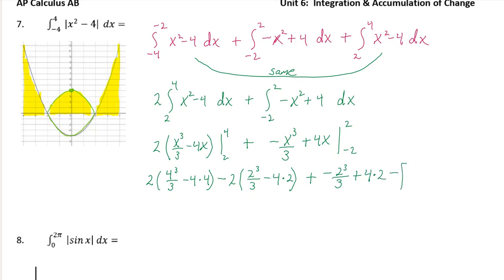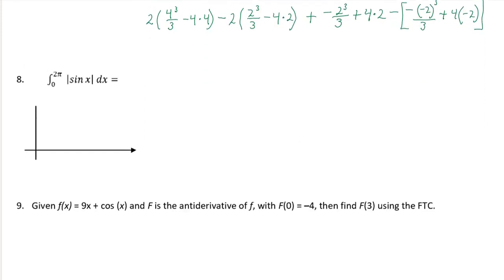This time I am going to use the parentheses because this is negative 2 cubed over 3 plus 4 times negative 2. All right, and again, I really don't feel like adding that all up. If you really want to, you can, but I'm going to leave it.